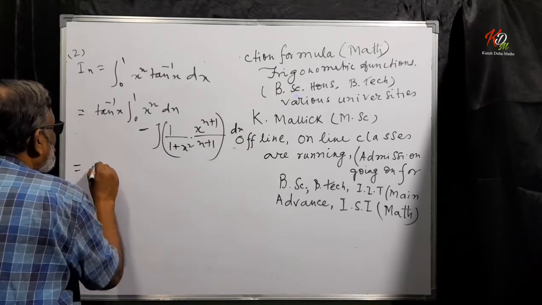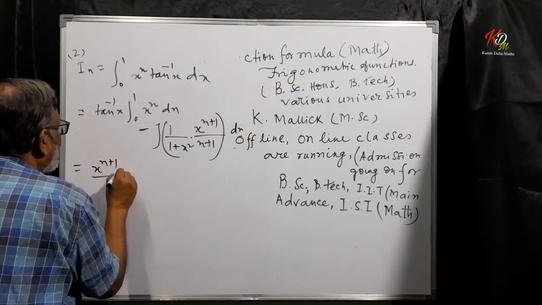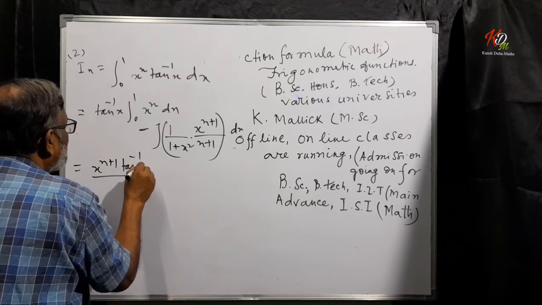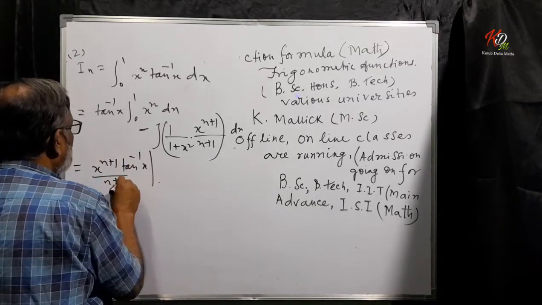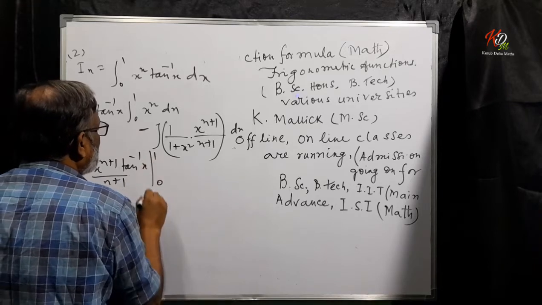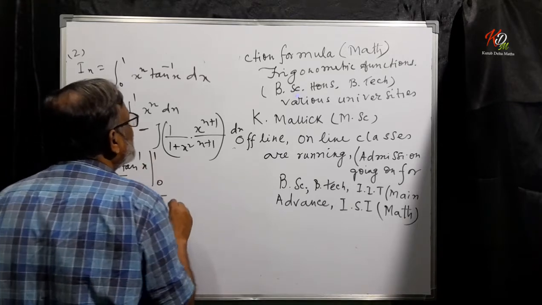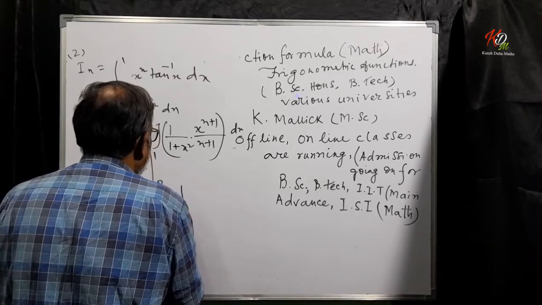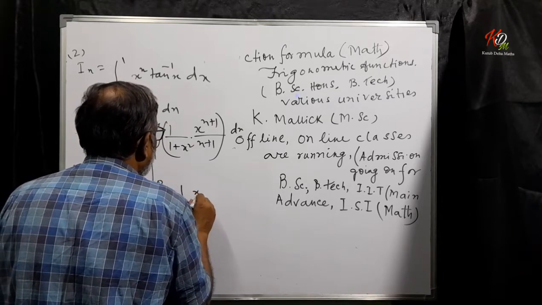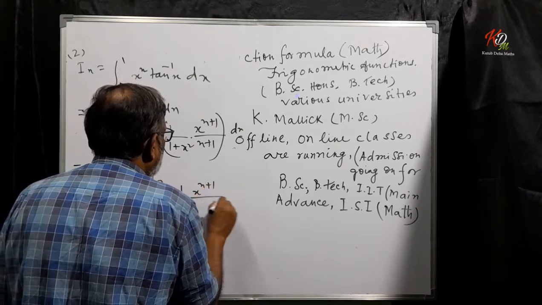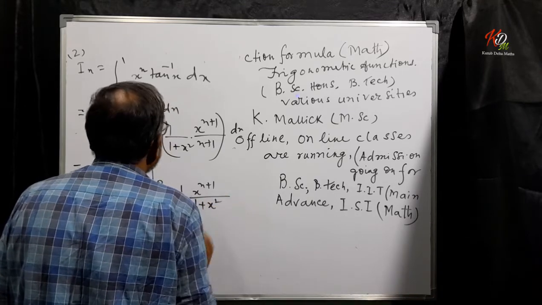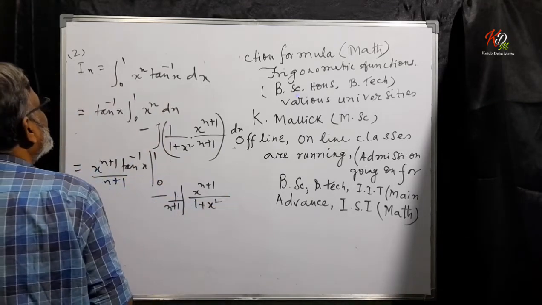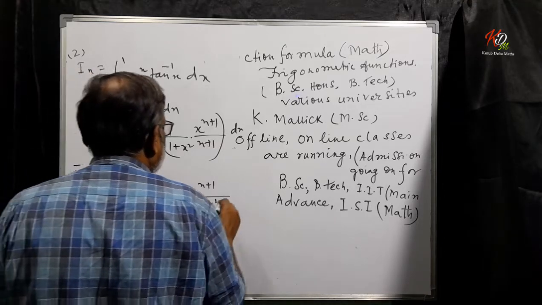That is, x to the power n plus 1 tan inverse x by n plus 1 from 0 to 1 minus 1 by n plus 1 integral of x to the power n plus 1 by 1 plus x square dx.